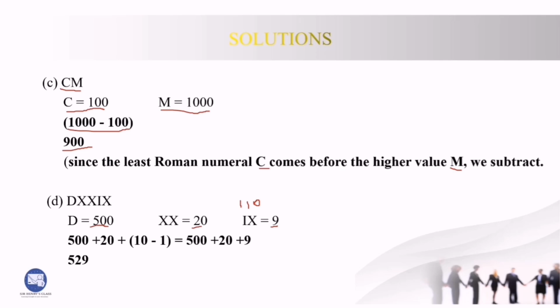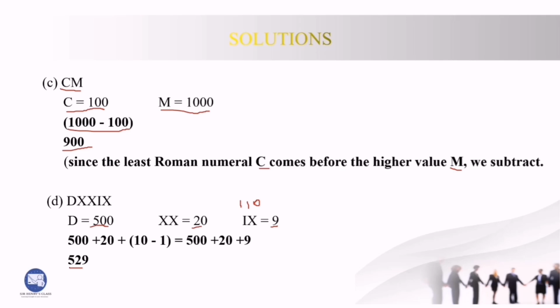So since the highest 500 comes first, then 20, then 9, you add all the values, but with the 1 and 10 you subtract and you get 9. So 500 plus 20 plus 9 will give us 529.